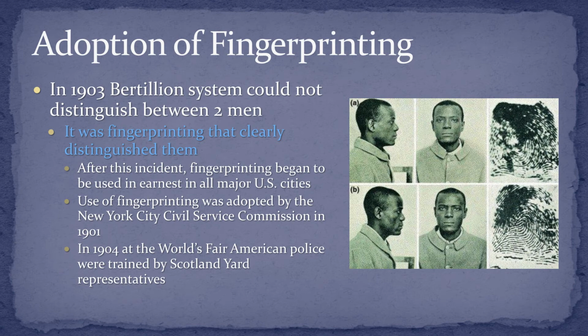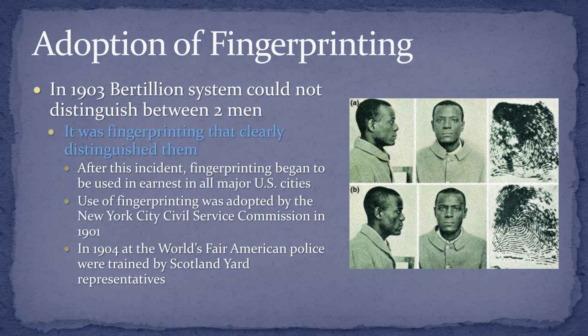These 2 men could have been twins just by looking at them, as well as with their measurements for Bertillon's system, and their pictures are to the right. It wasn't until they used the fingerprints that they were distinguished from one another.